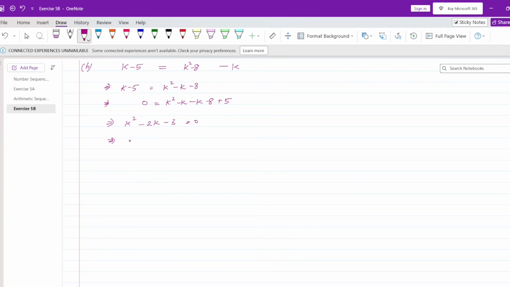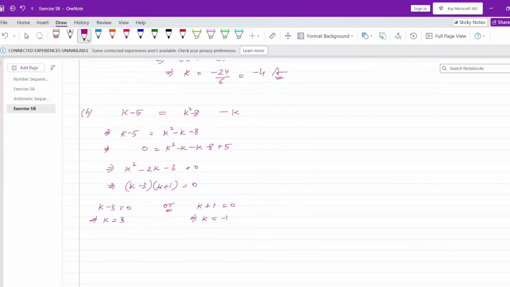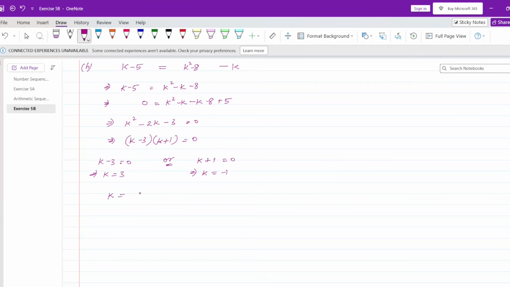Now we can simply write it k minus 3 times k plus 1 equals 0. So from here we can say k minus 3 is 0, or k plus 1 is 0. Here k equals 3, here k equals negative 1. So we have two values of k, equals 3 or negative 1. That's the answer.